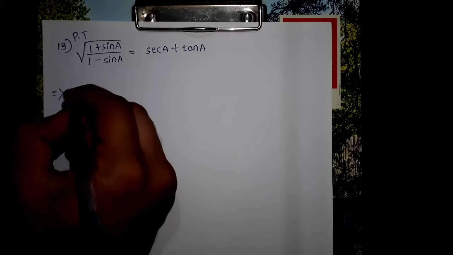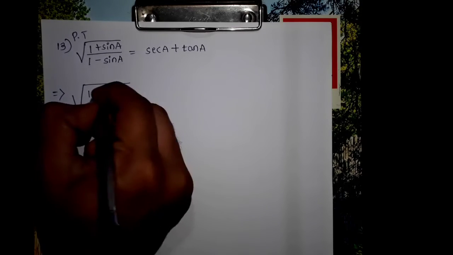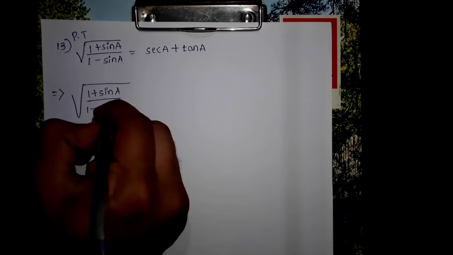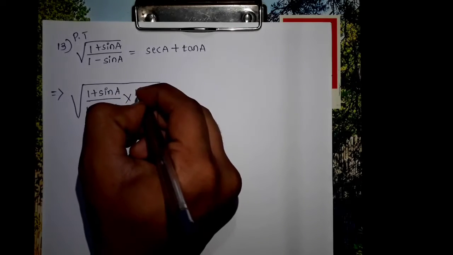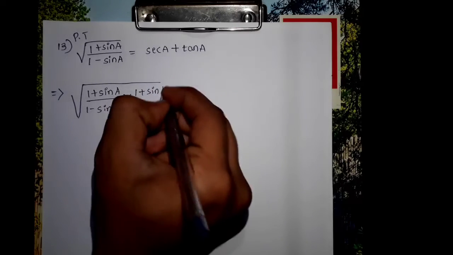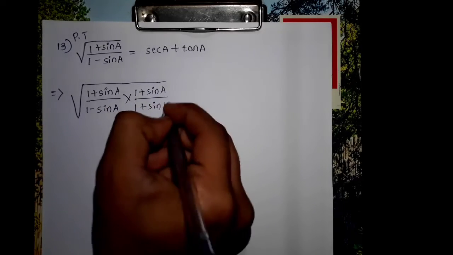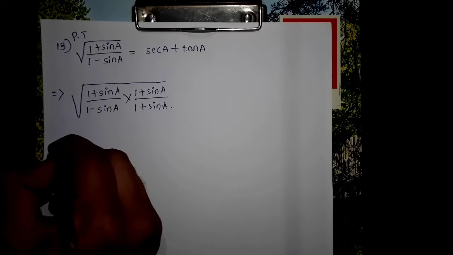The first step, we have to rationalize: (1 + sinA) divided by (1 − sinA) into (1 + sinA) divided by (1 + sinA). Rationalizing.